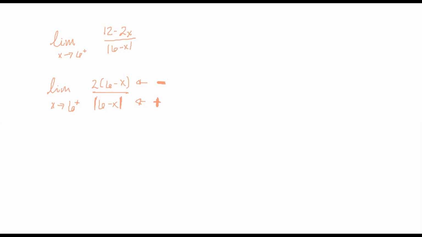If x were approaching 6 from the left, then 6 minus x would be positive, because it'll be like 5.9, 5.99, 5.999.